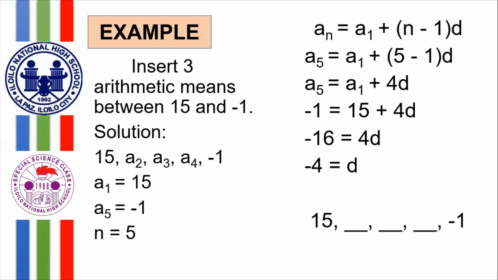So going back here, we have 15. Then we are looking for the values of a sub 2, a sub 3, and a sub 4. And we have a negative 1 as well. And remember that recursively speaking, to get the next term of an arithmetic sequence, we are going to add the common difference to the immediately preceding term.